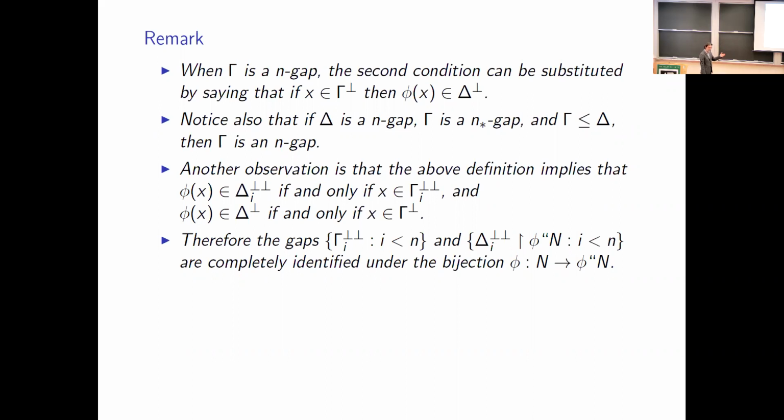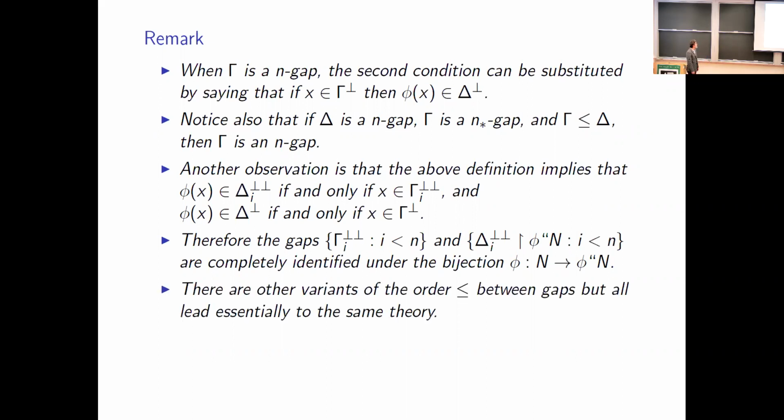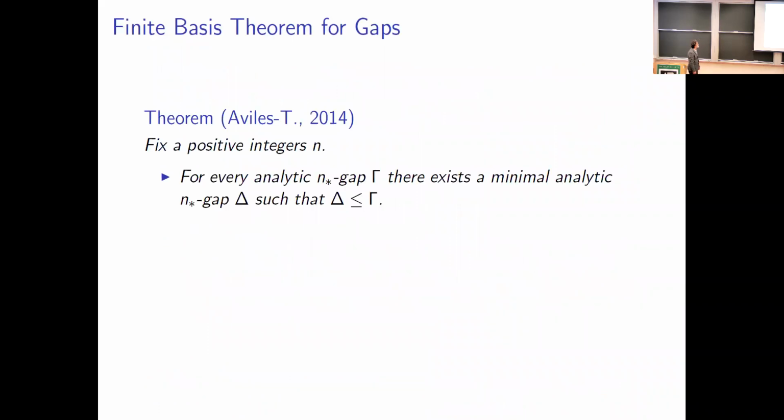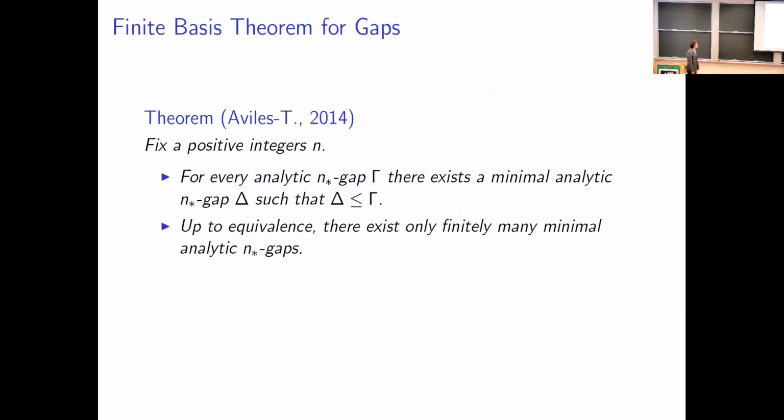Really isomorphic to a restriction of delta. So this is a very natural reduction. Yes, okay. There are also variants of this, but okay. Anyway, we are interested in a minimal analytic gap, if it is minimal in this order. And we are interested in proving this theorem, to see what is behind.